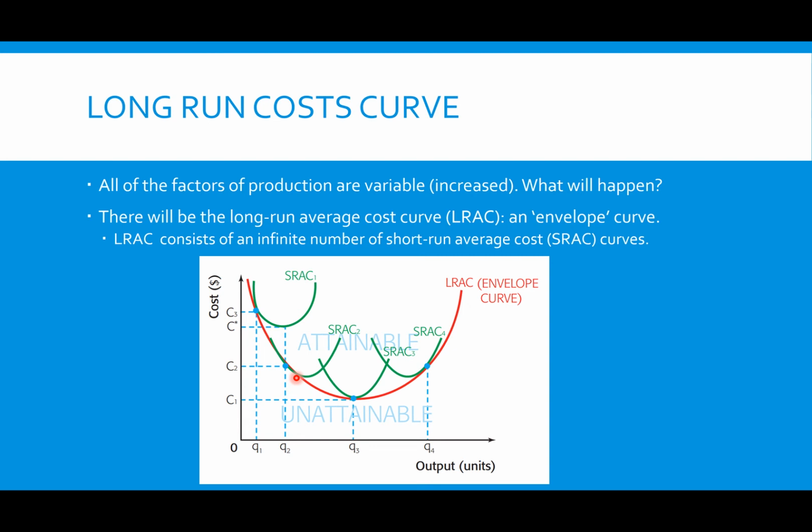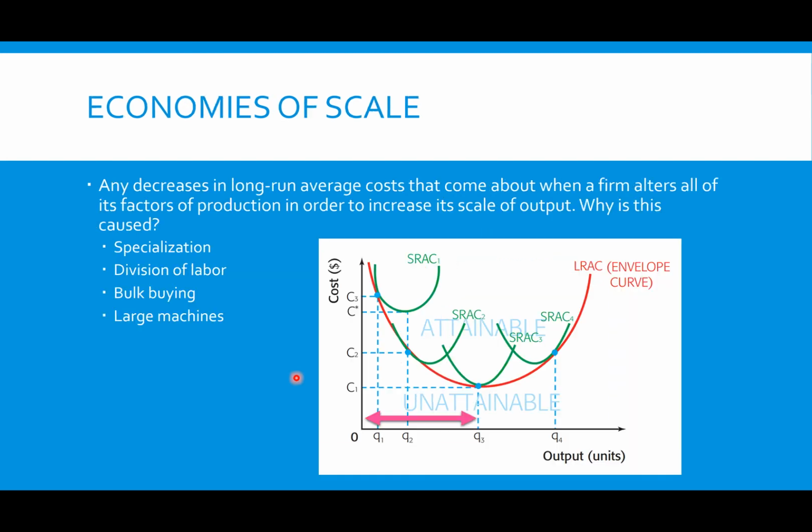This is the concept I am going to talk about in the next slide, but by hiring more factors of production, average costs will actually be cheaper. So there will be a shift of SRAC downwards.